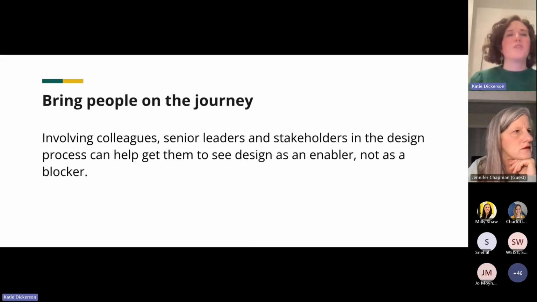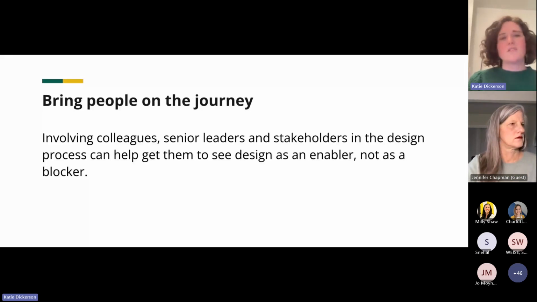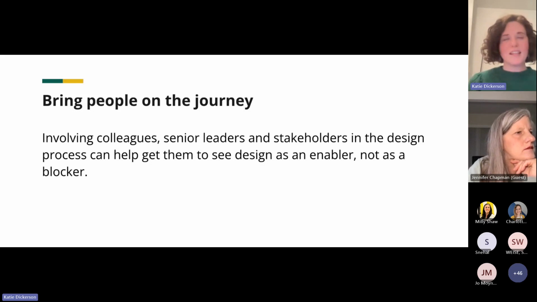And that leads into bringing people on the journey. Some of the designers that I spoke to said they'd had success with involving colleagues, senior leaders, and stakeholders in the design process to help get them to see design as an enabler and not as a blocker. I know there were experiences I had where I joined project teams and was seen as that blocker initially, because there would be senior leaders who had ideas about what they wanted to do.